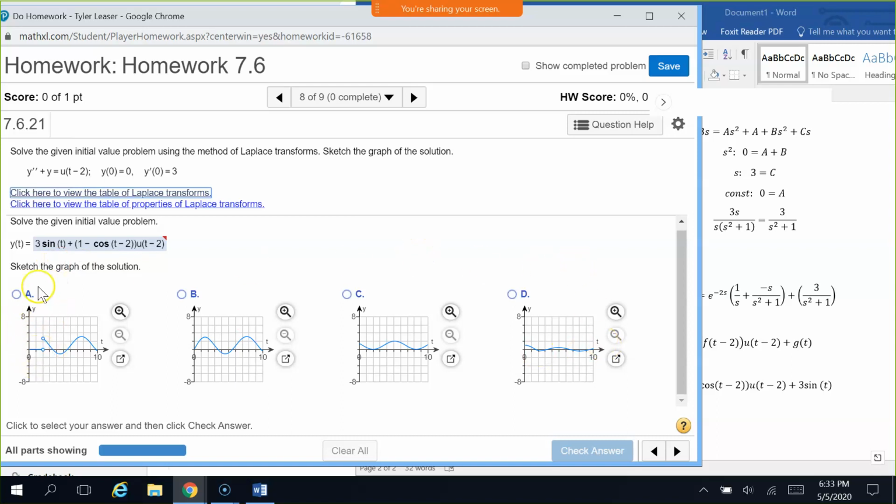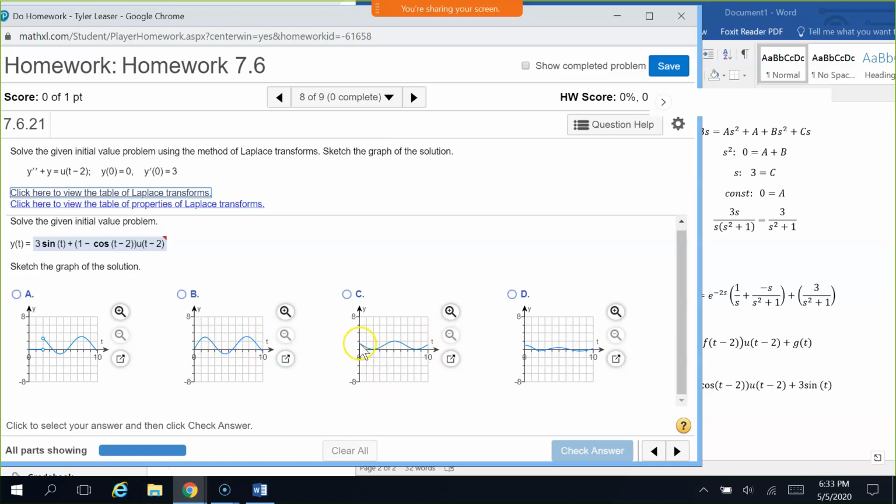So it's definitely not A, because that's just a flat line at the beginning. This one looks promising, but I'm a little bit worried about how big it jumps up. Right, like this is jumping up to 3, but at the value 2, I don't know, it just looks kind of weird to me. Well, maybe. We'll come back to that one.